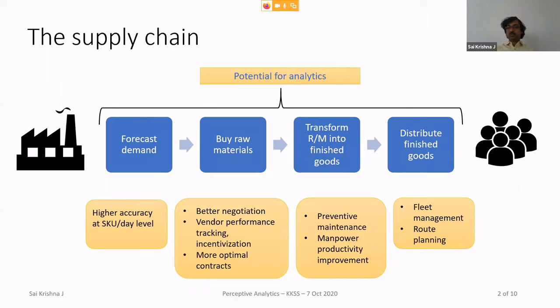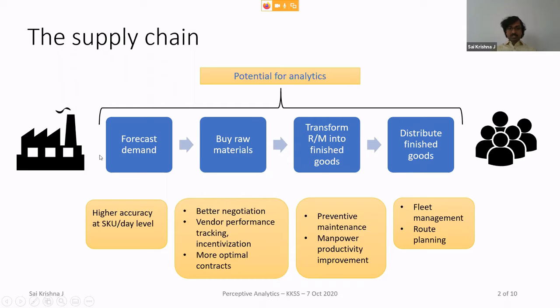That is the actual manufacturing or the processing activities that take place in the factory. Once that is completed, we distribute those finished goods to the customer by transporting from the factory to the retail stores and further on to the doorsteps of the customer. That is the final stage, which we call the distribution stage.